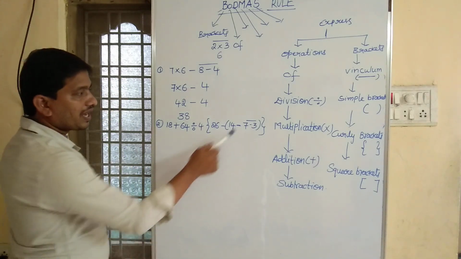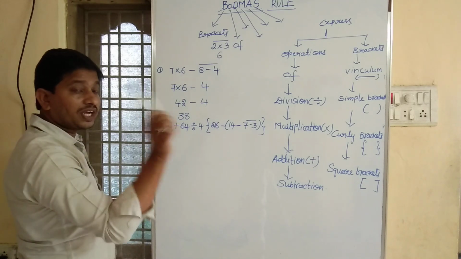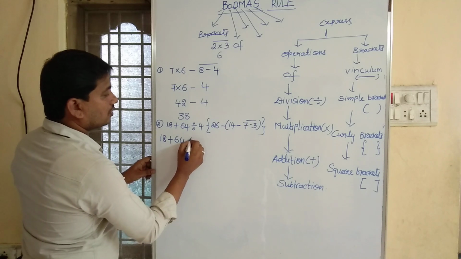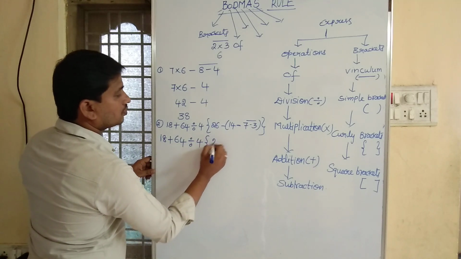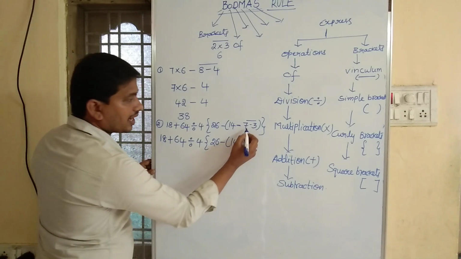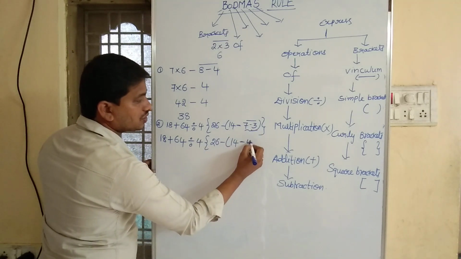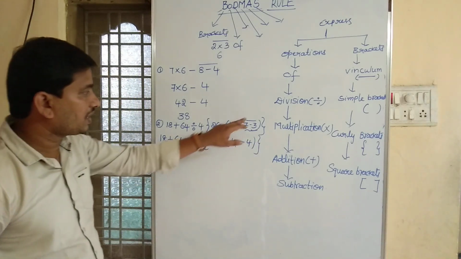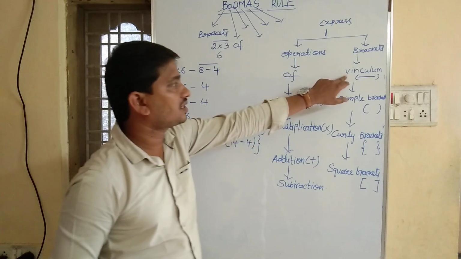So we have a vinculum bracket also. So the first priority goes to the vinculum. Let us write 18 plus 64 divided by 4 into 26 minus 14 minus, children, 7 minus 3, that is equal to 4. So the first priority goes to the vinculum bracket, right?